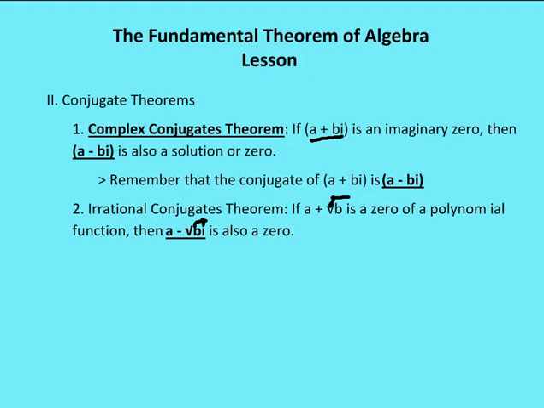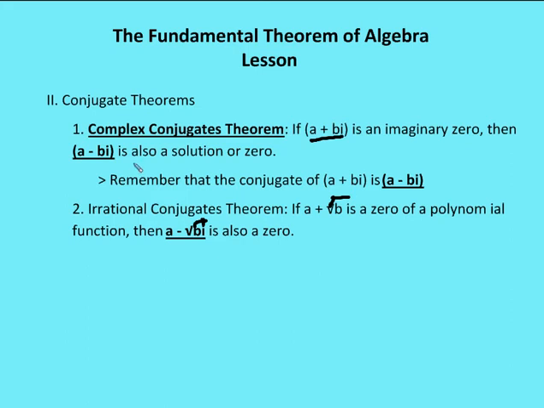And in both cases, you need to know that if you have one complex number as a 0, then you're also going to have another one. And that other one is going to be the conjugate of the original complex number. So as it turns out, both complex numbers and irrational numbers will always travel in pairs as roots.